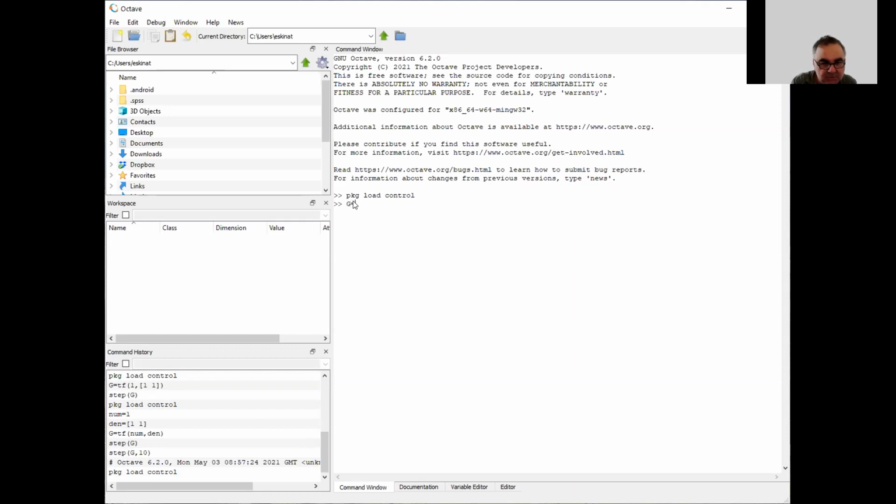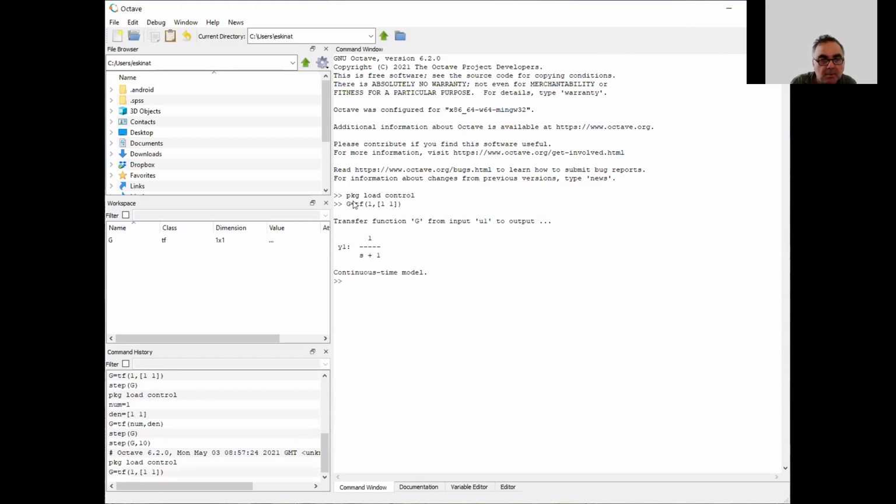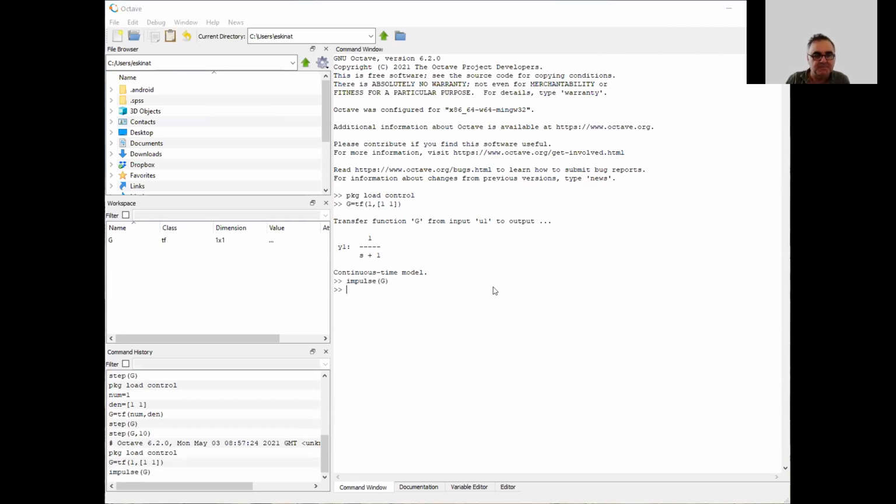Okay, so G is, let's say, we said transfer function of 1 and 1, 1. And then we said step, we found it, but let's find the impulse response. And that is obtained by impulse command, impulse of G. Let me show it to you.